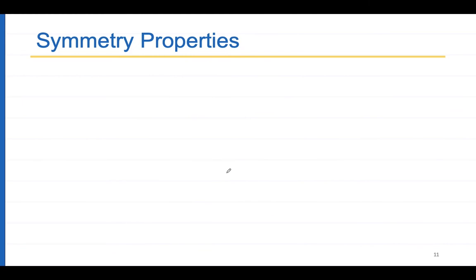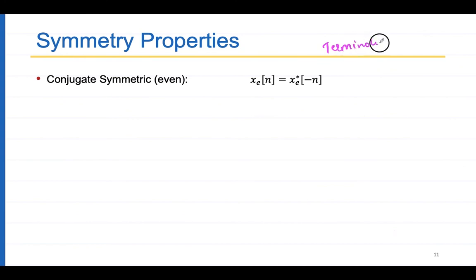Okay, now let us look at some more properties of the DFT. Let's look at some terminology. Conjugate symmetric. What is conjugate symmetric? This is the complex counterpart of real even sequences.